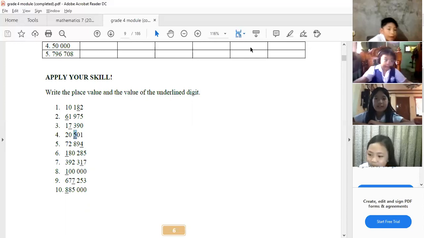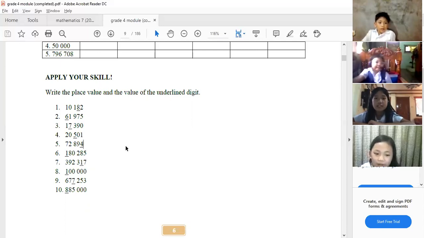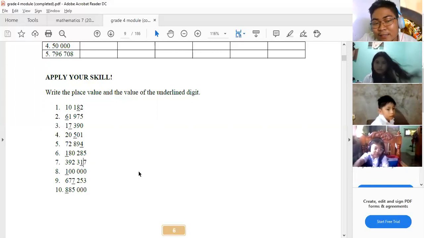How about number 5? This is ones. The value is 4. For number 6, the place value is 100,000, and the value is 100,000. For number 7, we have 1, that is tens, and the value is 10.